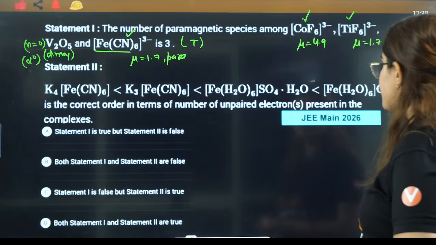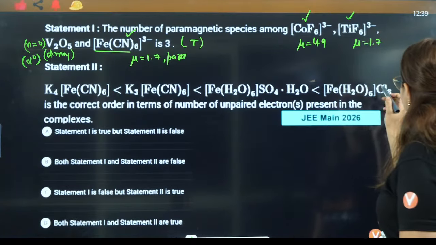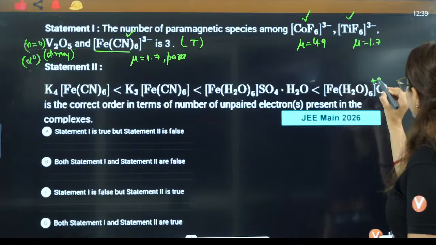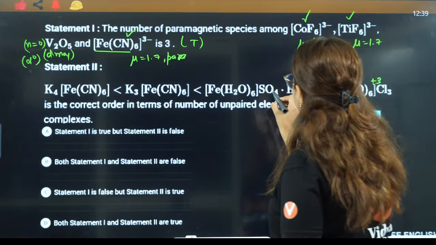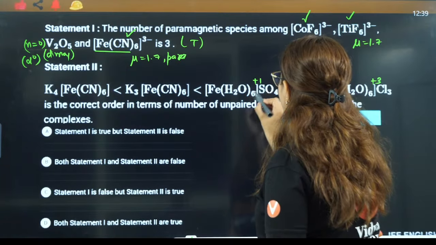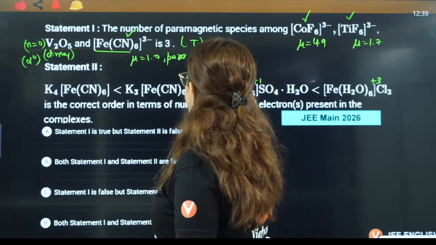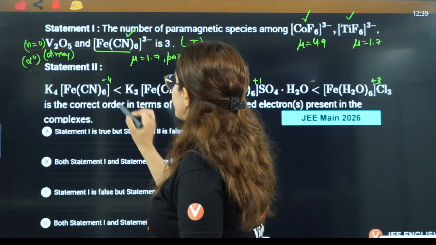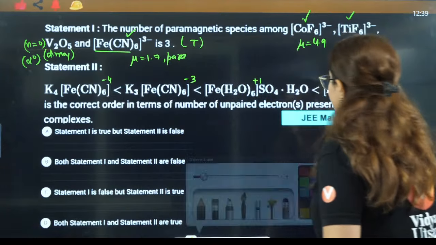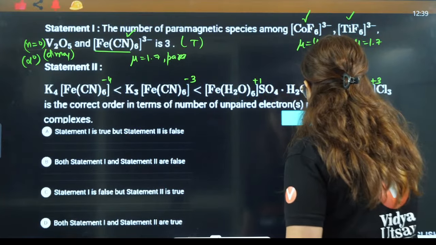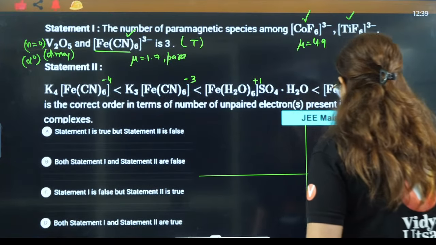Let's do this. This is 3, so this will be plus 3. This is 1, this will be plus 1. This is 0. This is 3, this will be minus 3. This is 4, this will be minus 4. So one by one I'll calculate all of them. I'll divide it into 4 parts.